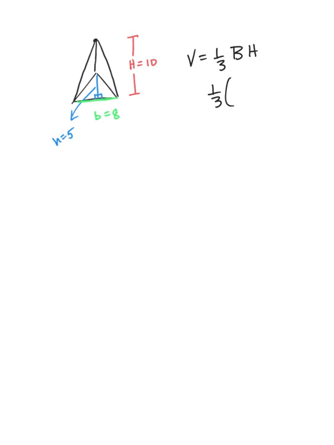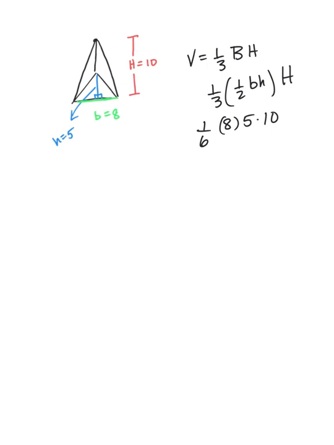So we have volume equals 1/3 base area times height. The base area is 1/2 base times height, and then we multiply by the height. I'm just replacing the capital B with the base area. So that's 1/6. The base is 8, the height is 5, and then the height of the actual pyramid is 10.